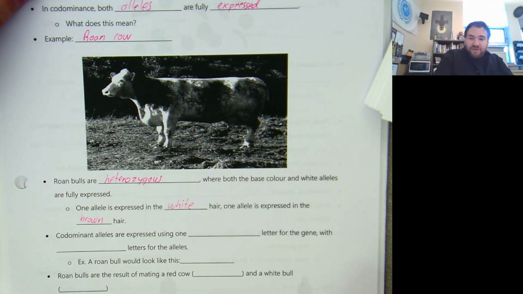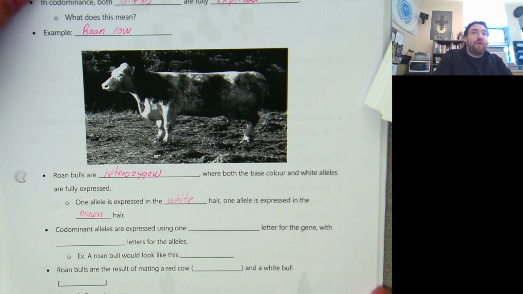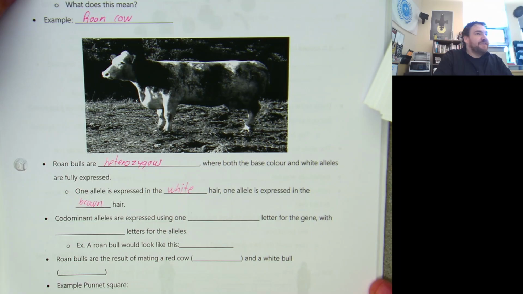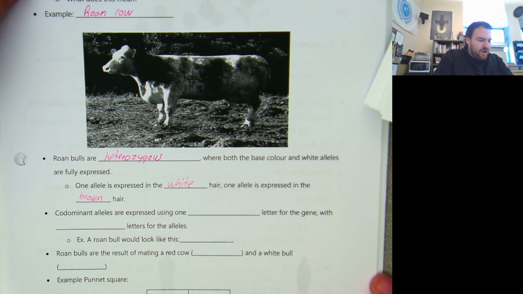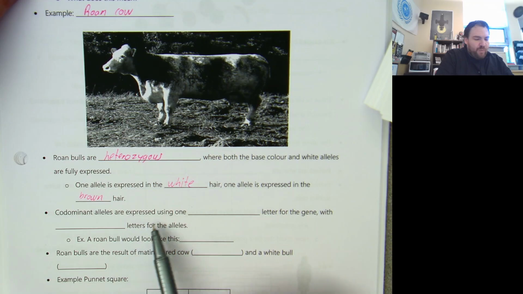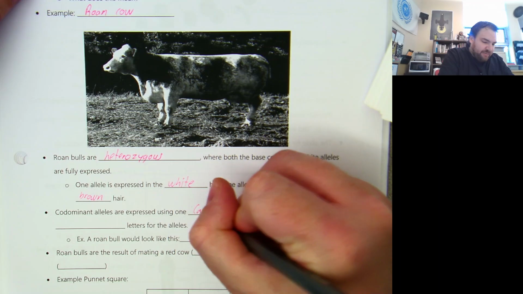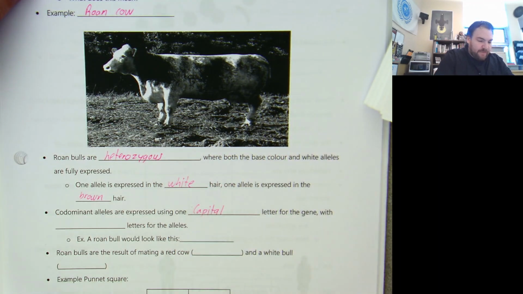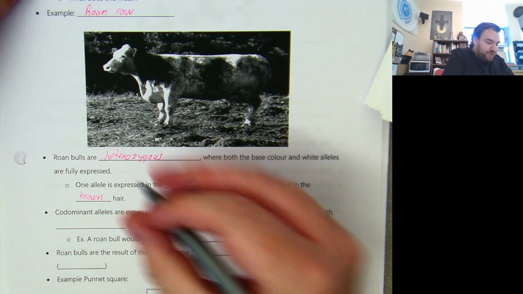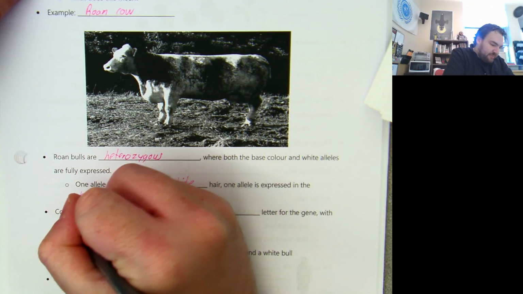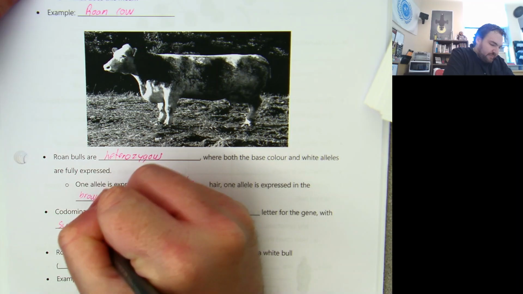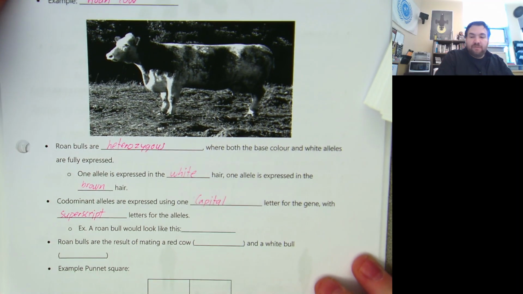And when codominant alleles are expressed, the way we write them is a little different than how we've been writing things up till now. When alleles are codominant, we express them using a capital letter for the gene with a superscript letter for the allele. Aha.